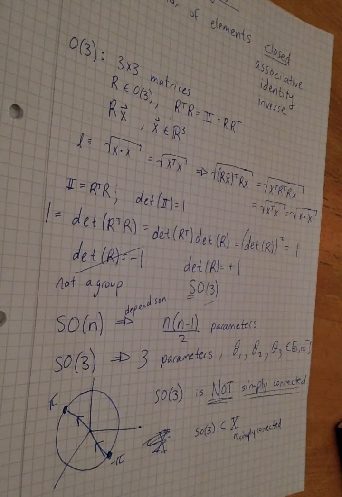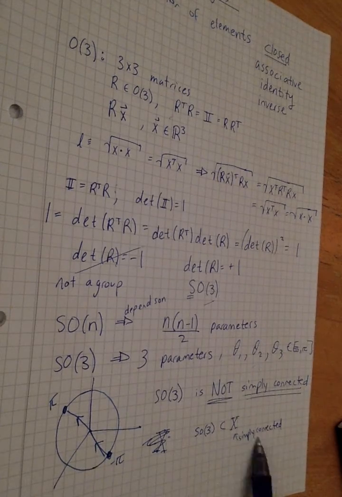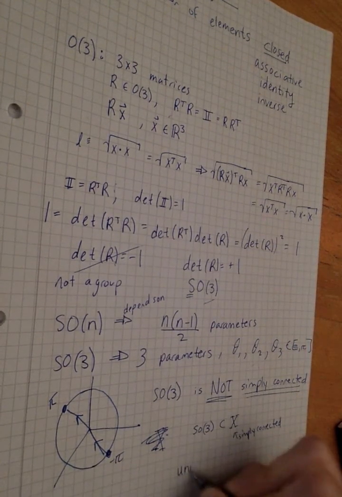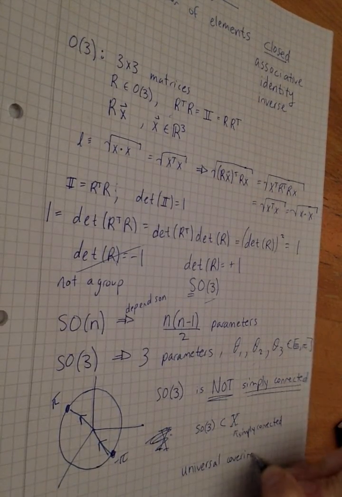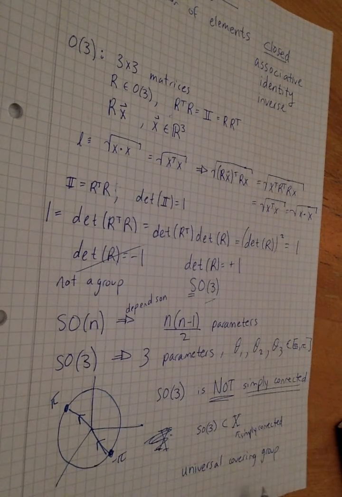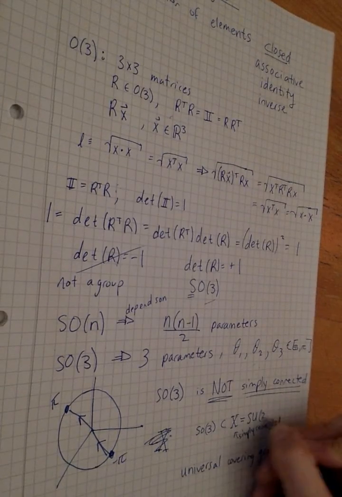The smallest group which contains SO3 and is simply connected is called the universal covering group. And the universal covering group for SO3 is SU2.